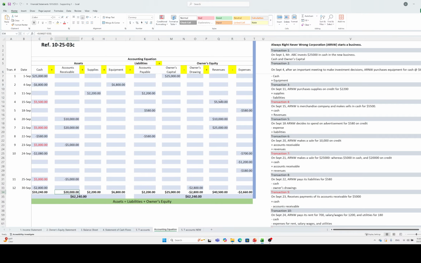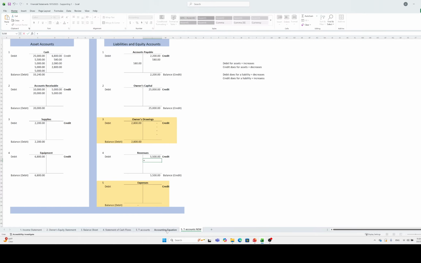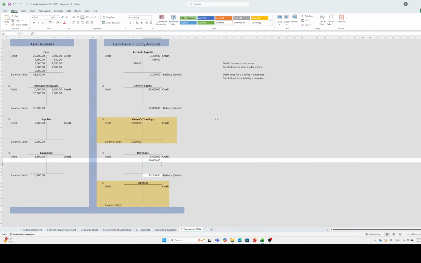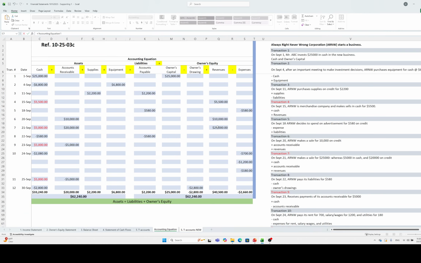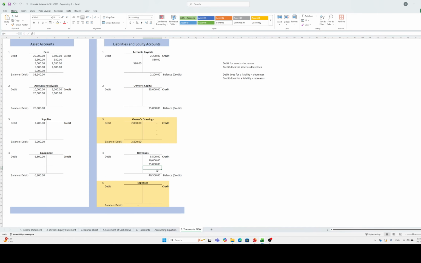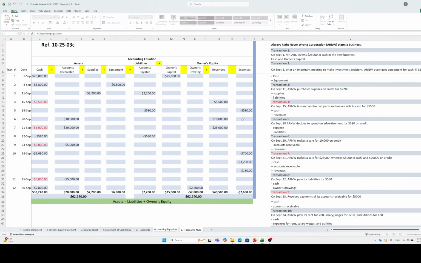So if you remember, we had the first sales of $5,500, then we've got $10,000, then we've got $25,000. So that gives us $40,500. Then we've got expenses, and we've got 4 transactions starting with $580.